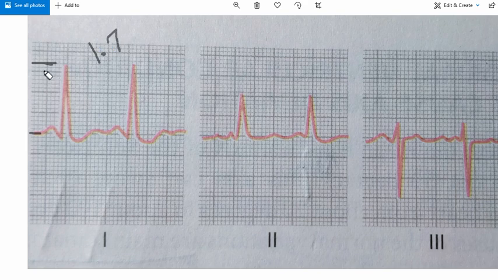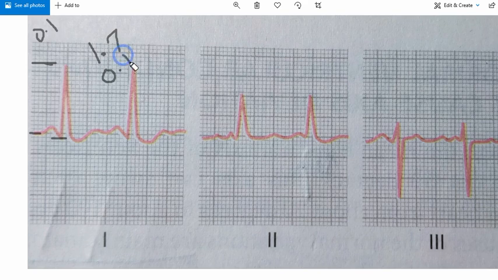You can estimate this because one small box is equal to 0.1 millivolt, and there are 3 large boxes. 3 large boxes means it covers a distance of 1.5 millivolt, and 2 small boxes, so the total distance covered by the QRS vector in the positive direction is 1.7 millivolt, whereas it also covers one small box in the negative direction, and one small box is equal to 0.1 millivolt.